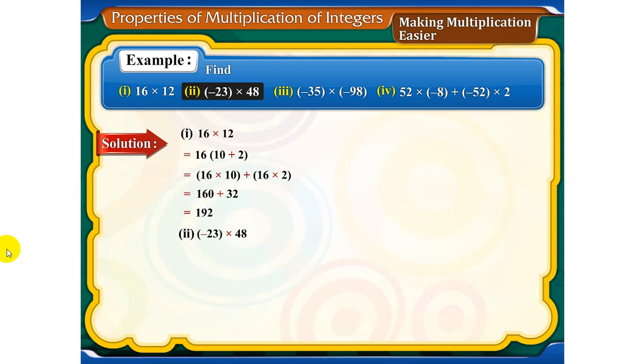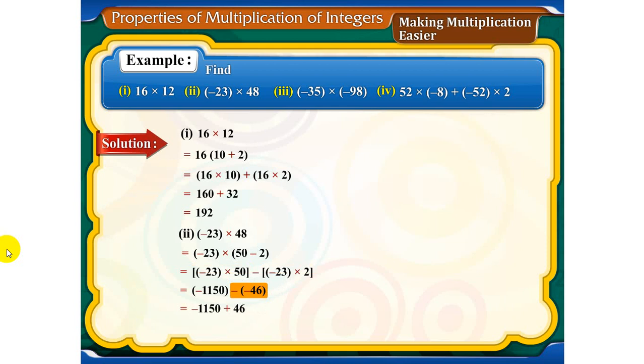Negative 23 multiplied by 48 is equal to negative 23 multiplied by (50 minus 2), which is equal to negative 23 multiplied by 50 minus negative 23 multiplied by 2, which is equal to negative 1150 minus negative 46, which is equal to negative 1150 plus 46, which is equal to negative 1104.